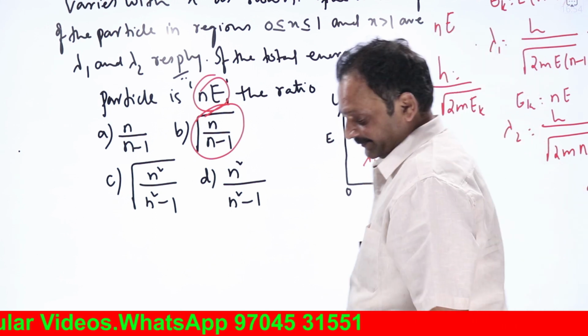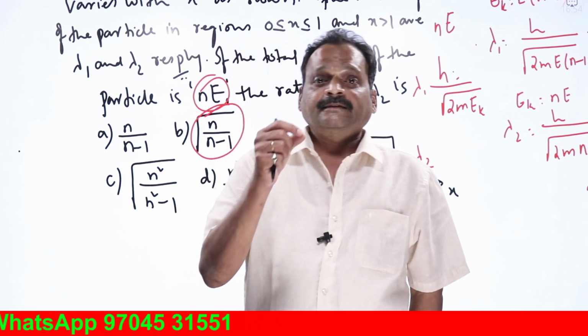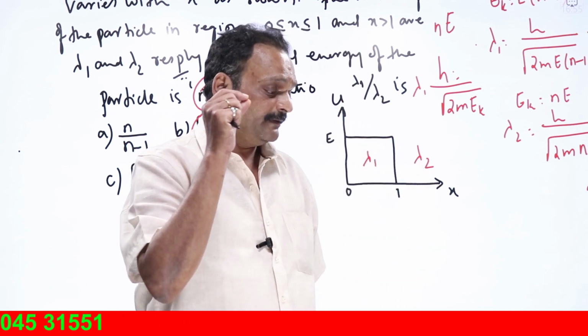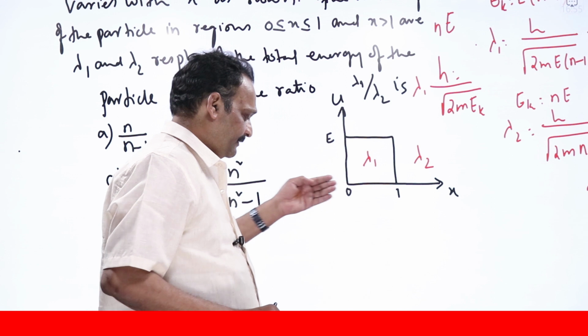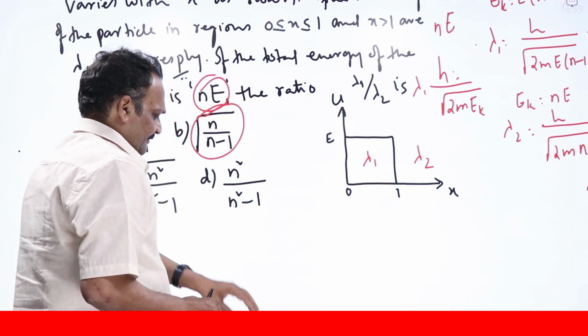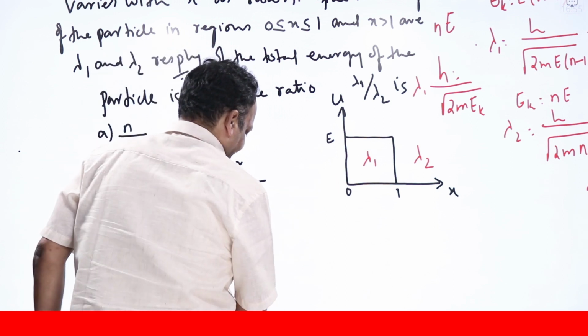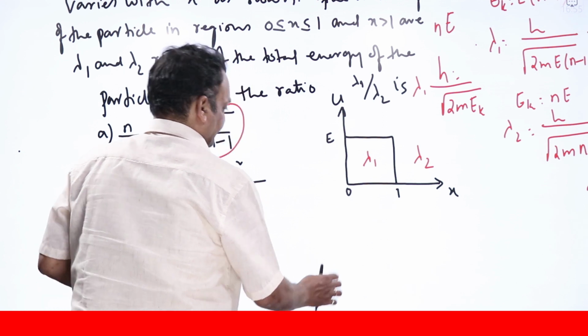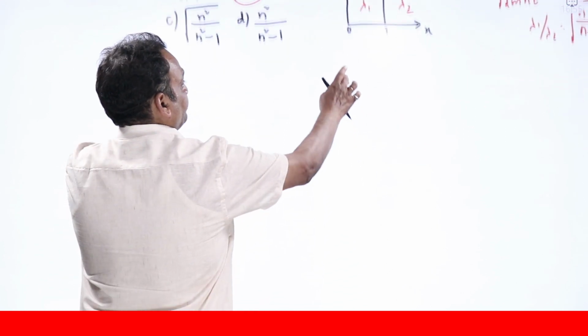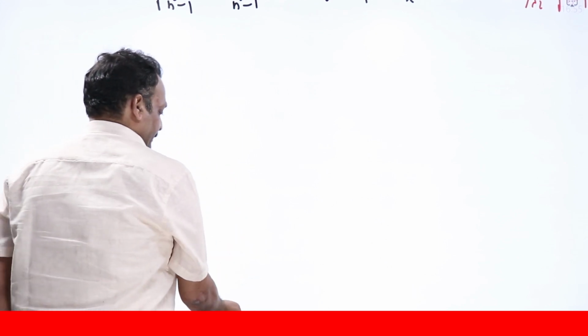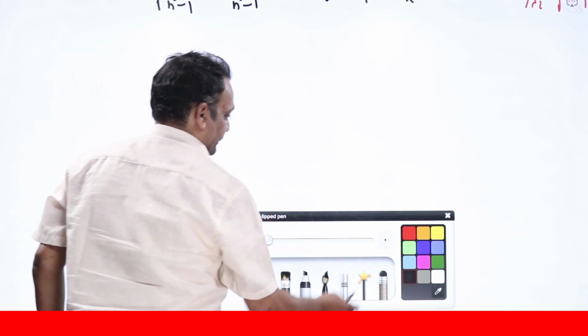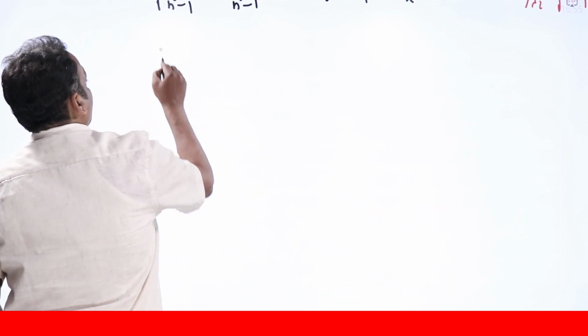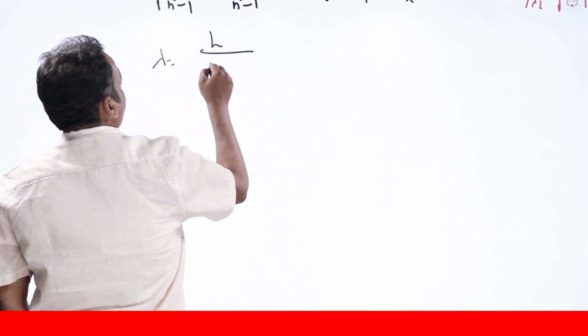Yeah, I told you the expression for the de Broglie wavelength of a relativistic particle. Now we can derive that, a very simple derivation. The general formula for the de Broglie wavelength of any particle is lambda equal to h by p.